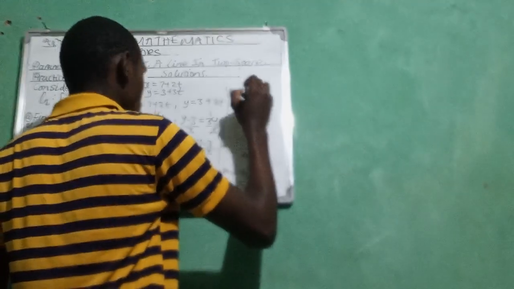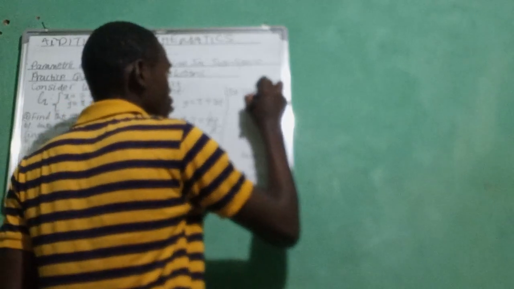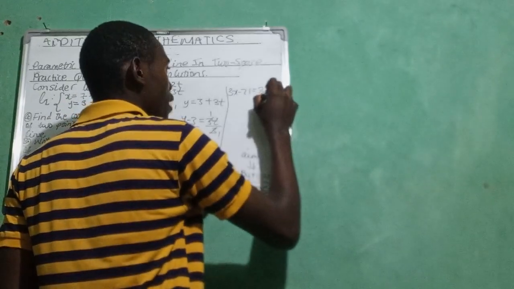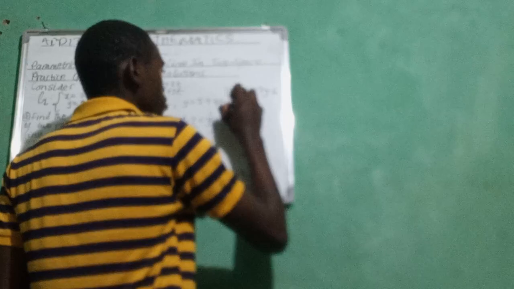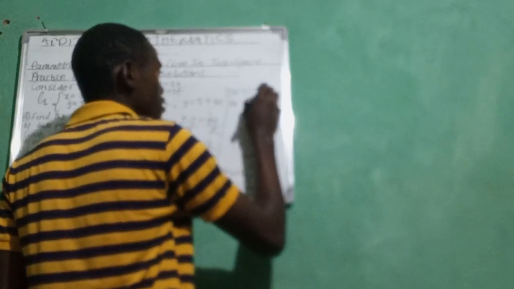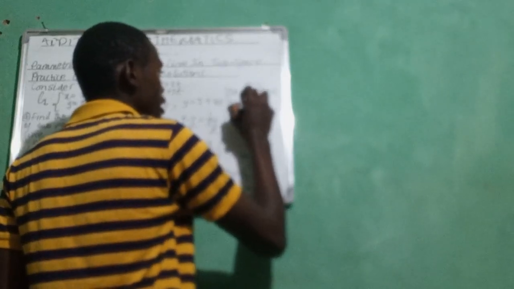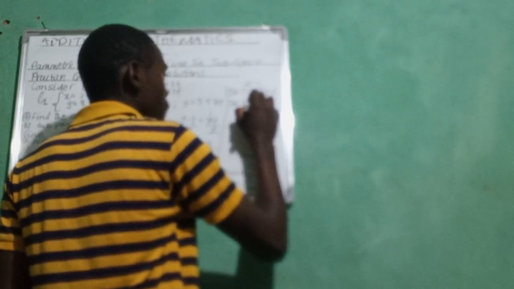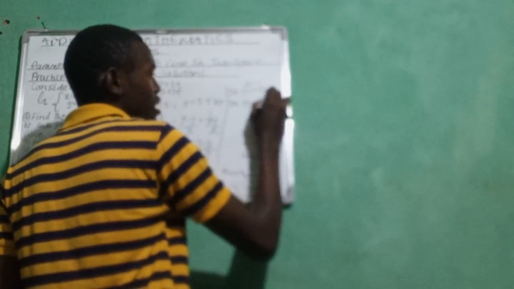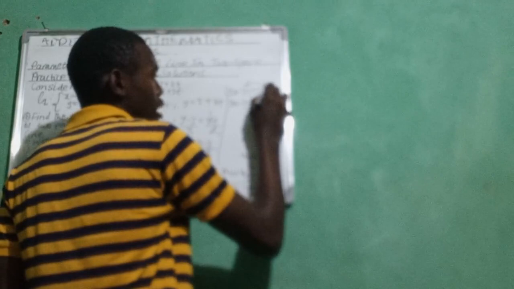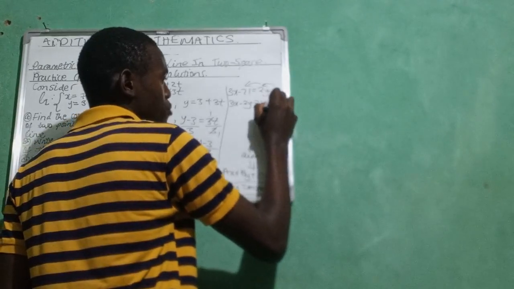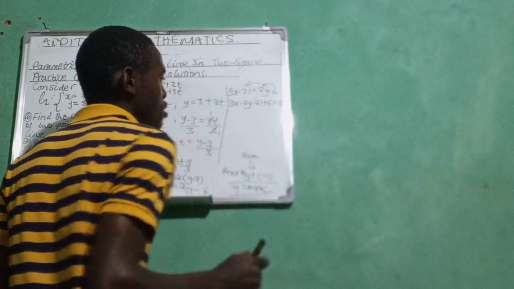So this would be 3x minus 21 is equal to 2y minus 6. So this would be 3x, the 2y goes that side, minus 2y minus 21. We just maintain. Negative 6 goes that side, becomes positive, it will be equal to 0.